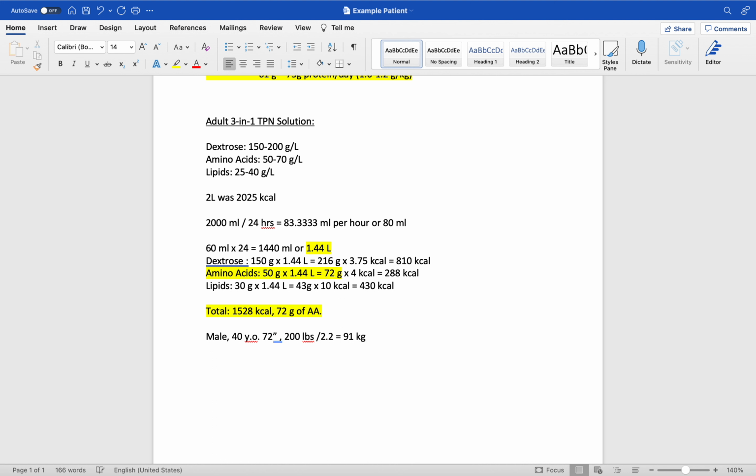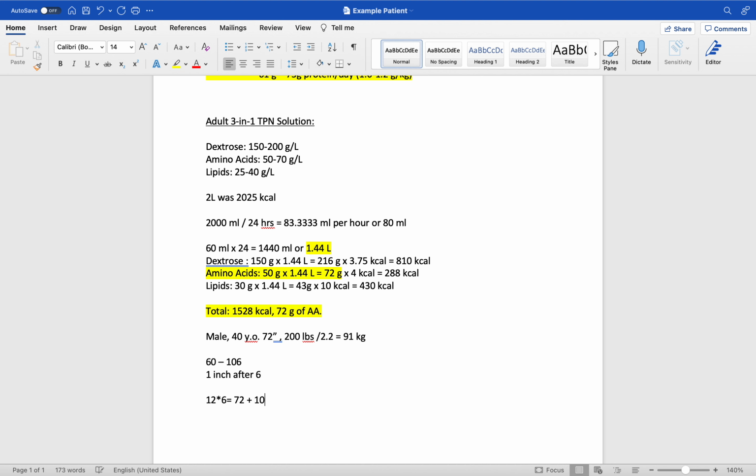And so let's look at his ideal body weight. So he's 72 inches tall. And so for the first 5 feet, so 60 inches, it's 106. And every inch after that is 6. So I'm going to do 12 times 6, which is going to give me, oh wow, 72.